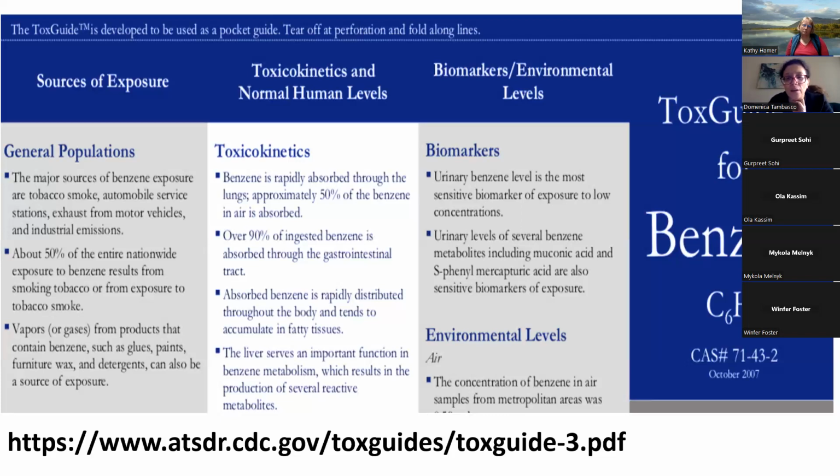If you drink alcohol or take other drugs, it does induce the mixed function oxidase enzymes, which may potentiate the effects of benzene. It affects the CNS, the central nervous system, as well as the hematopoietic system. And all three blood cell lines may be adversely affected by benzene. An acute exposure, as mentioned, can cause CNS depression.